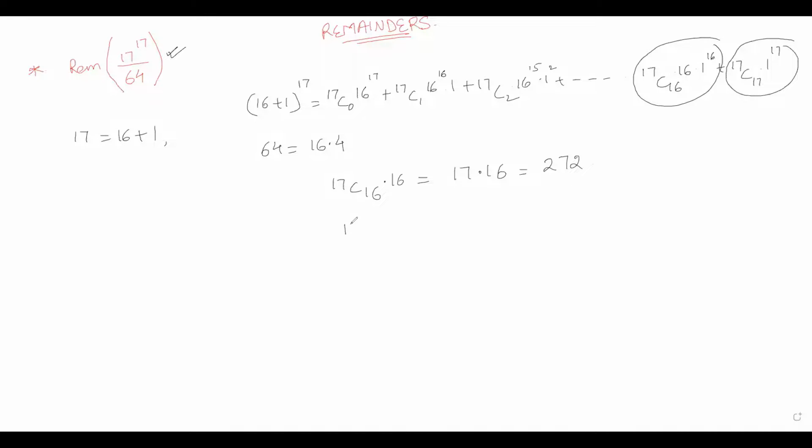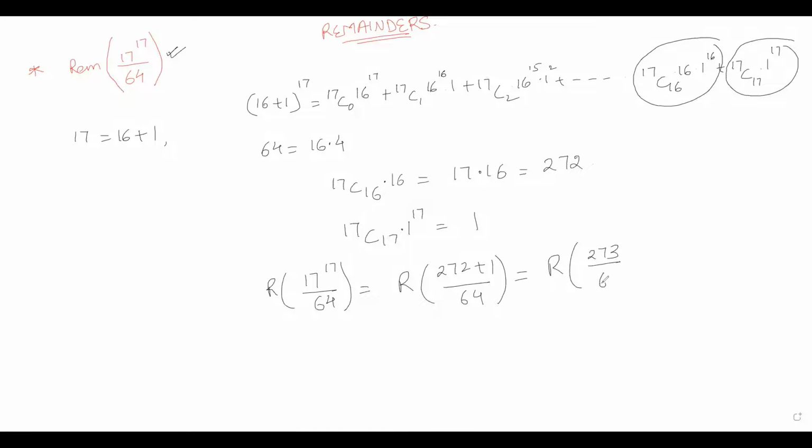And the last term, that is 17C17 times 1 raised to power 17, would be 1. So the remainder of 17 raised to power 17 divided by 64 would be the same as the remainder when 272 plus 1 is divided by 64, which is the same as the remainder when 273 is divided by 64, which is 17.